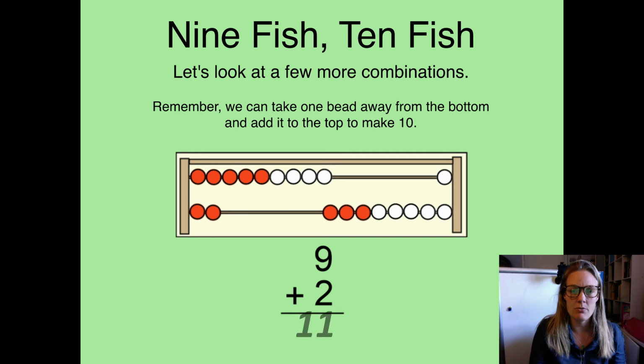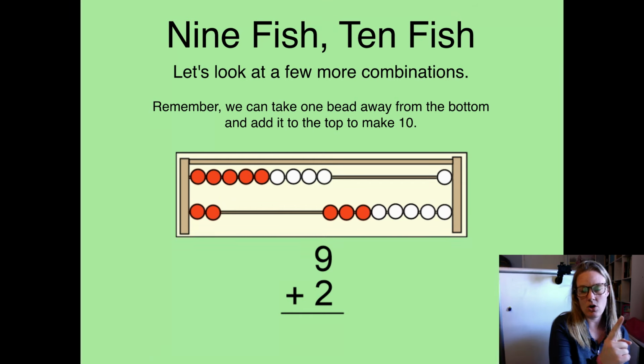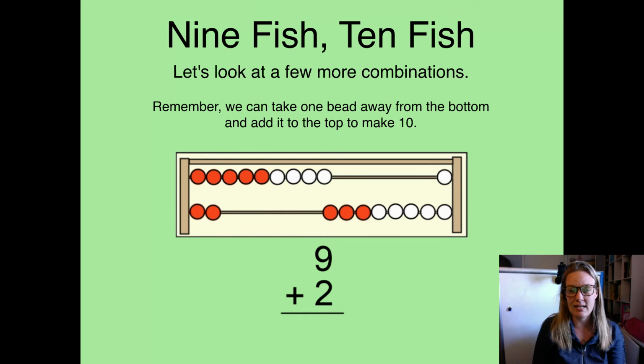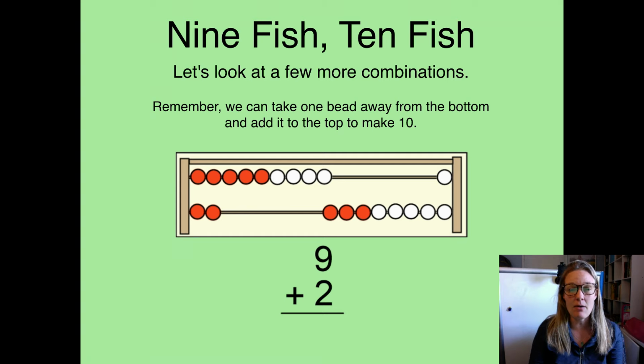Let's see if it will show us that here. Oh, it's not showing us, but okay. So imagine we push that bead over on the top. That would give us 10, and we push 1 back away from the bottom, and that would leave 1 on the bottom. That would give us 10 plus 1, which is 11, and 9 plus 2 is the same. 9 plus 2 is 11.